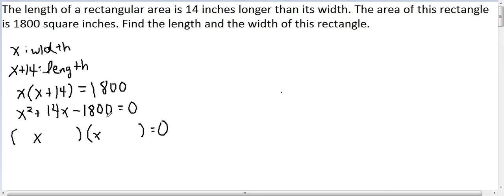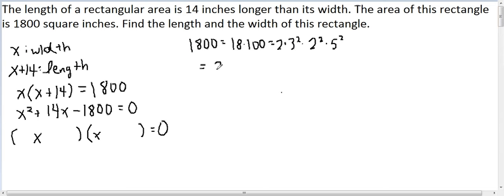To do that, we need to first factor 1800 into prime numbers. 1800 is equal to 18 times 100, and 18 is equal to 2 times 9, and 9 is equal to 3 squared. And 100 is equal to 10 times 10, and each of those 10s is equal to 2 times 5. So 2 times 5 times 2 times 5, we can rewrite that as 2 squared times 5 squared.